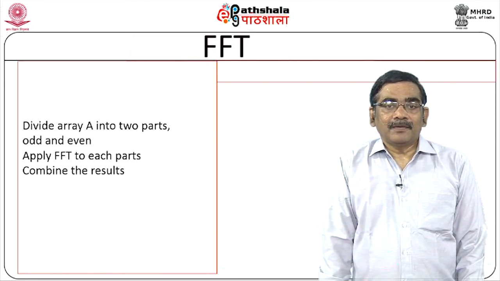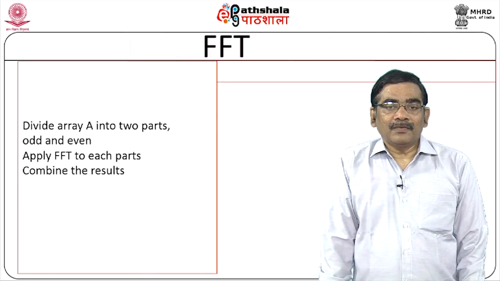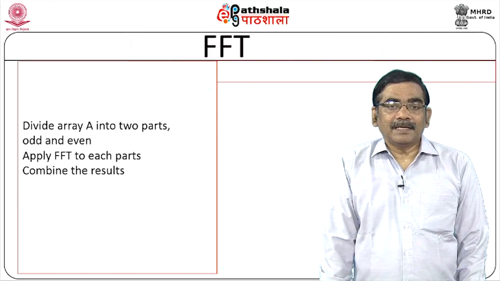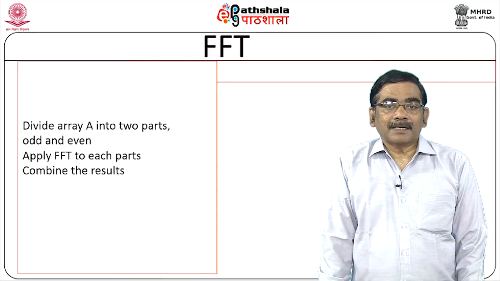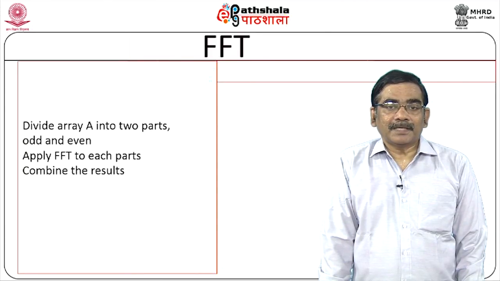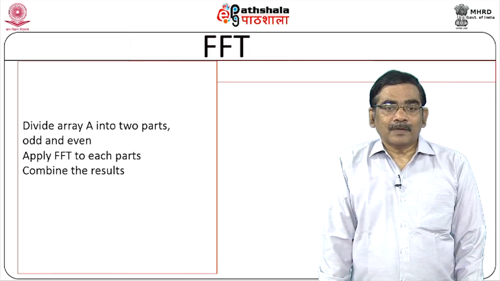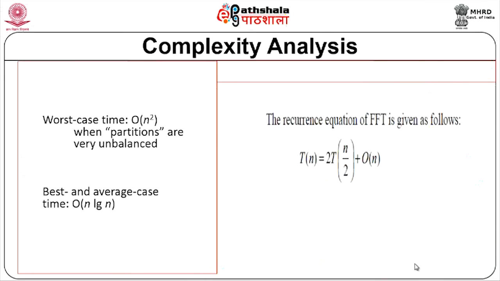So, if we compute one half, the rest of the half can easily be obtained, because there is no need for recomputation. All we have to do is change the signs. By means of this the algorithm is reduced to T(n) is equal to 2T(n by 2) plus order of n.